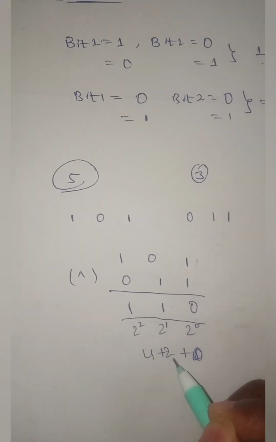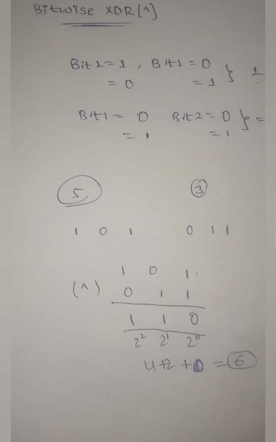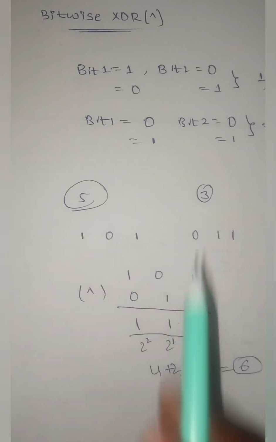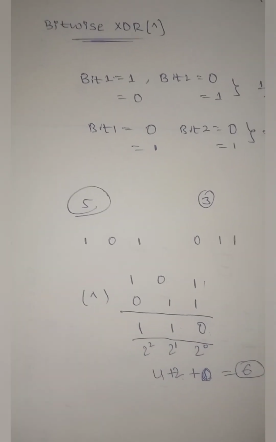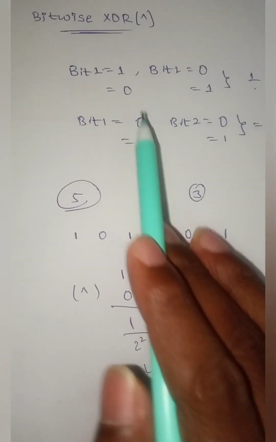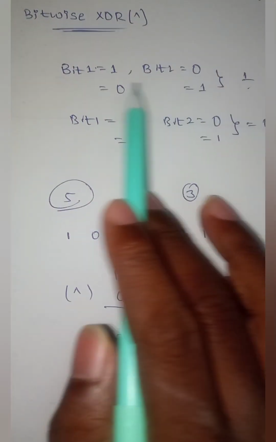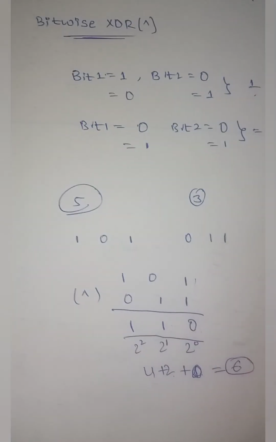So 4 plus 2 is 6, 6 plus 0 is 6. So the answer for bitwise XOR between 5 and 3 is 6. This is how we perform the bitwise XOR operation. If both the bits are the same, the output would be 0, and if both the bits are different, then the output is 1. So this is about the XOR operation.